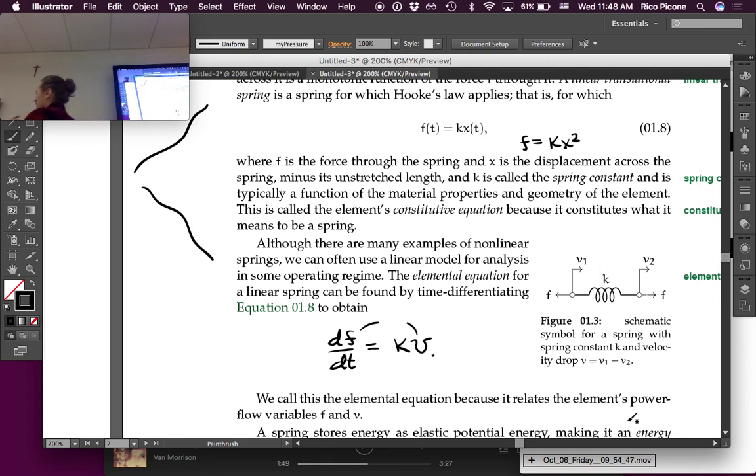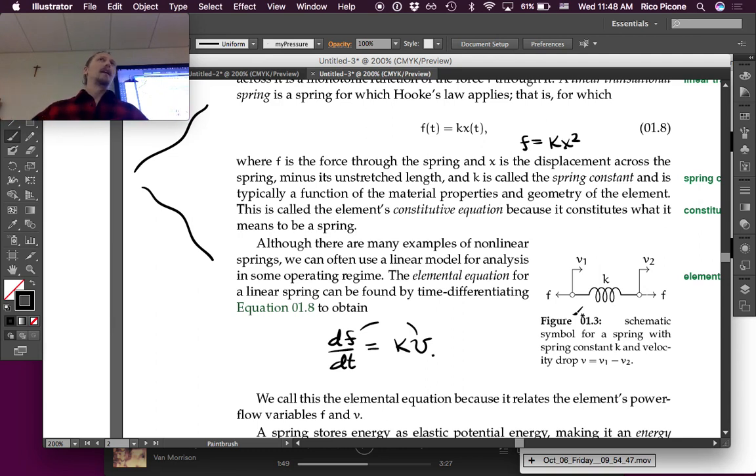Okay, so this is the schematic that we use. It looks like a coil because spring, right? Force, we'll talk more about sign conventions later, but we often consider it to be the force in a member.